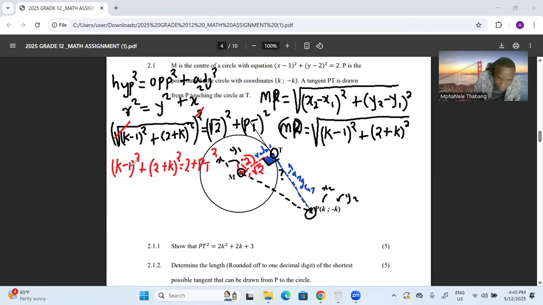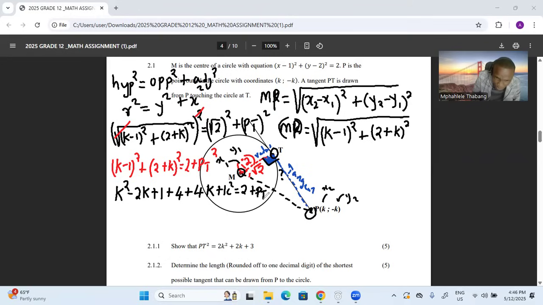If you expand k minus 1 squared, you're going to have k squared minus 2k plus 1. Then you expand 2 plus k squared. If you expand it, it's going to be 4 plus 4k plus k squared equals 2 plus PT squared.